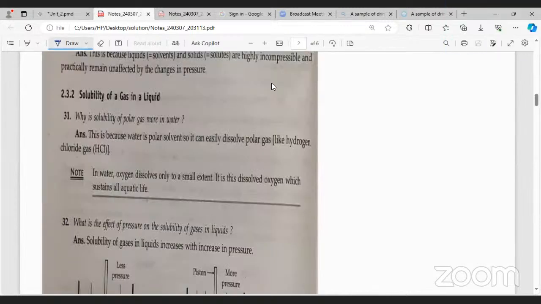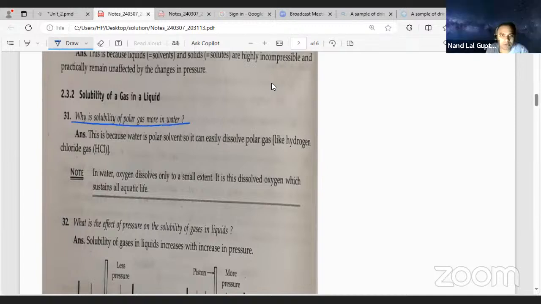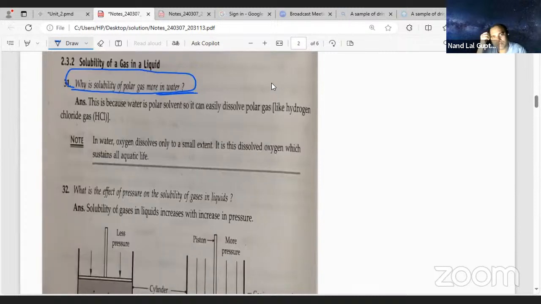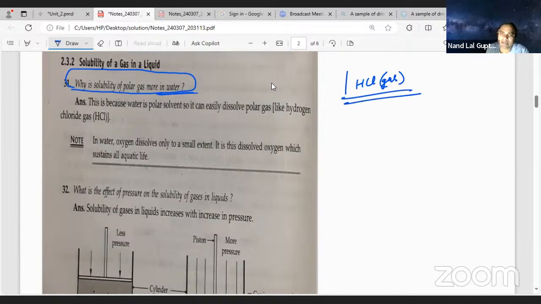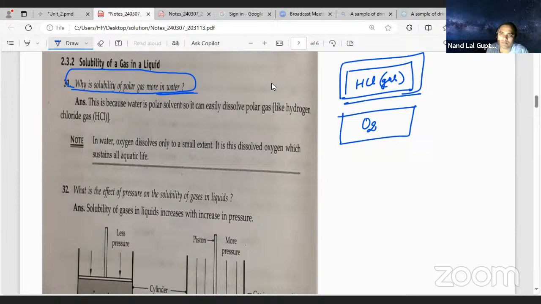Why is solubility of polar gas more in water? What reason will you give? Like attracts like, so polar gas will be more easily dissolved in polar solvent. That is why in the NCERT they have said HCl gas is more soluble in water compared to oxygen gas.